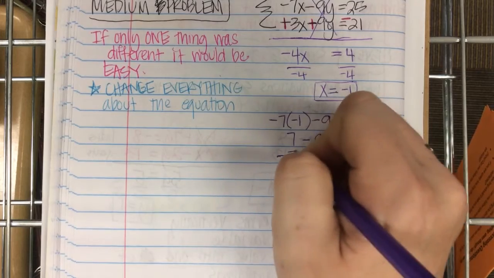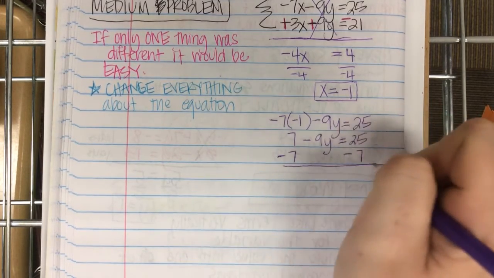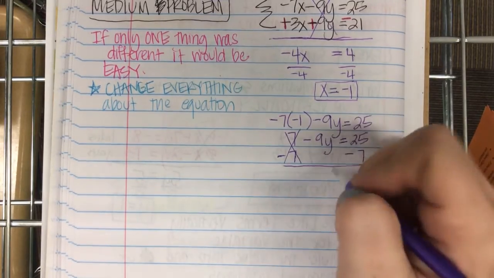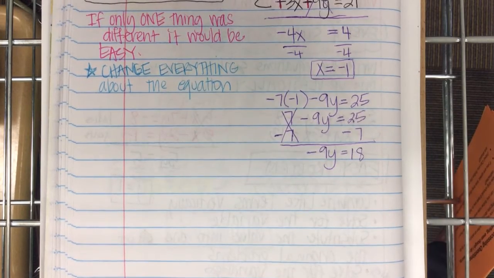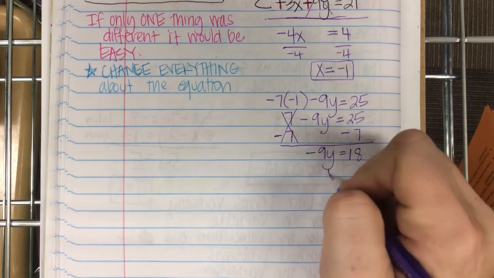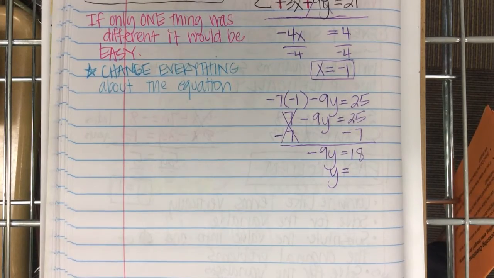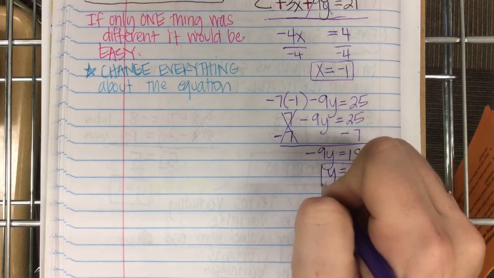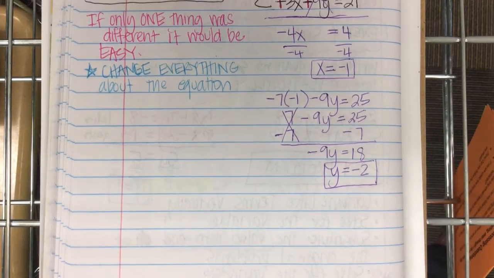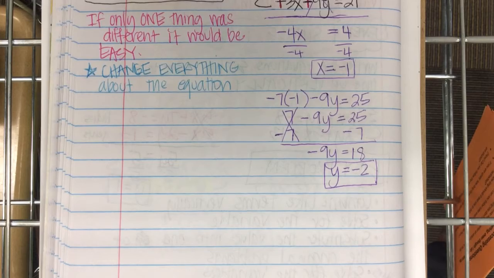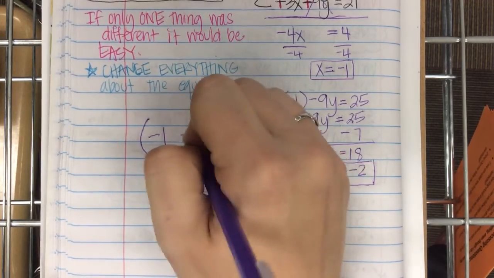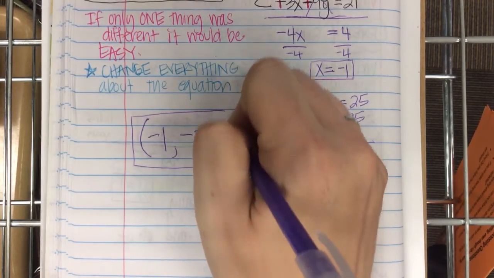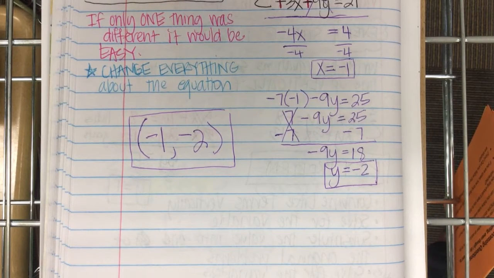Which is -7 minus 7, -9y equals 18. y equals -2. And my final answer is, flip it. Oh, maybe then you said it right, Dylan. I didn't hear. -1, -2, because my x value is -1, my y value is -2.